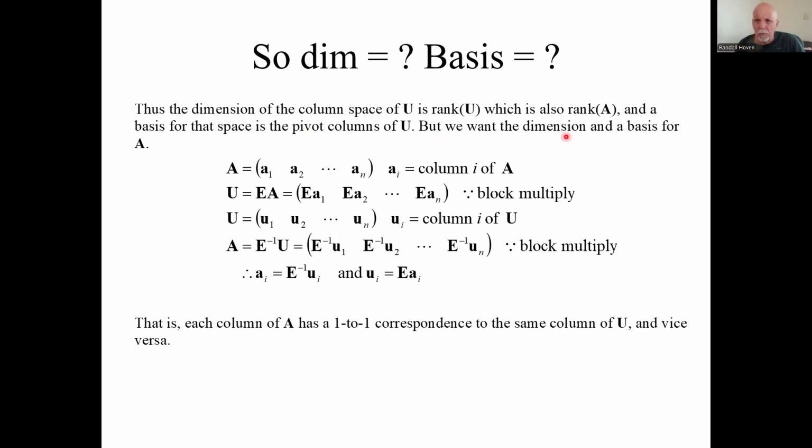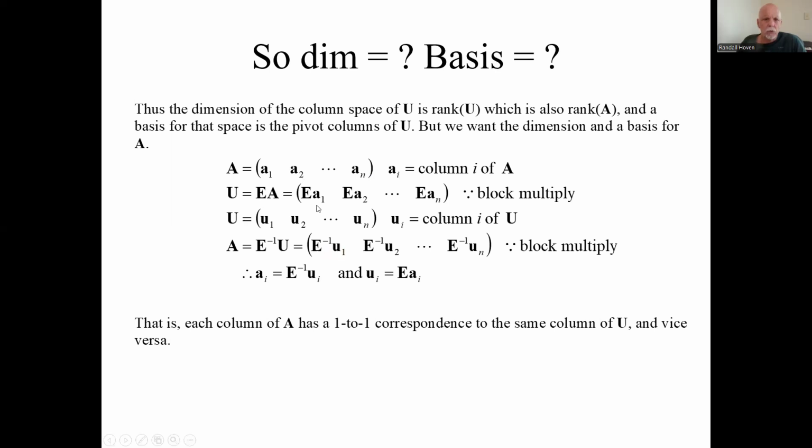But we want the dimension and a basis for A. Well, A has a bunch of columns, n columns. Each of these A's with a subscript is a column of A. We then do row operations to come up with U. So here's all the columns of U. Or we could call them these little columns, U sub 1, 2, etc. And remember these E's are invertible, so we could recover the A from U, which means this.